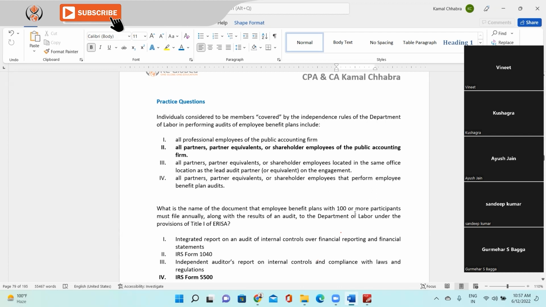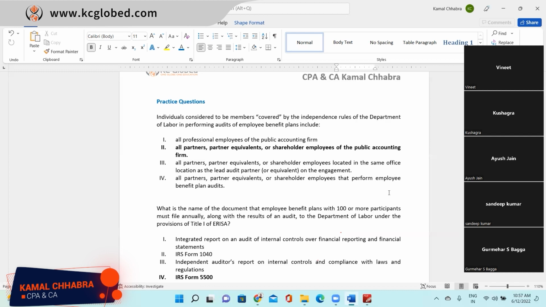All professional employees of the public accounting firm; all partners, partner equivalents, or shareholder employees of the public accounting firm; all partners, partner equivalents, or shareholder employees located in the same office as the lead partner on the engagement; all partners, partner equivalents, or shareholder employees that perform the employee benefit audit.